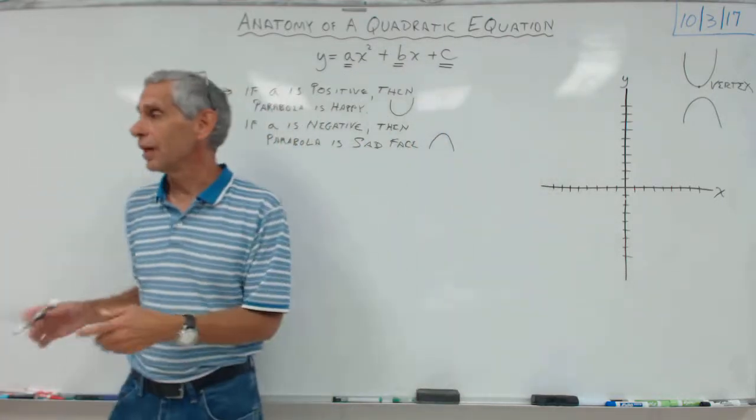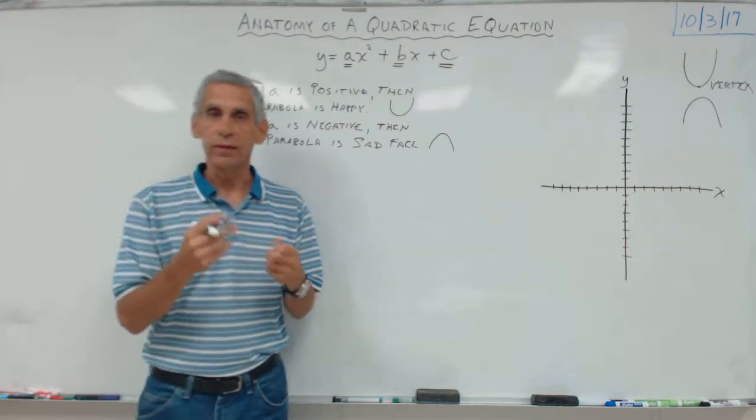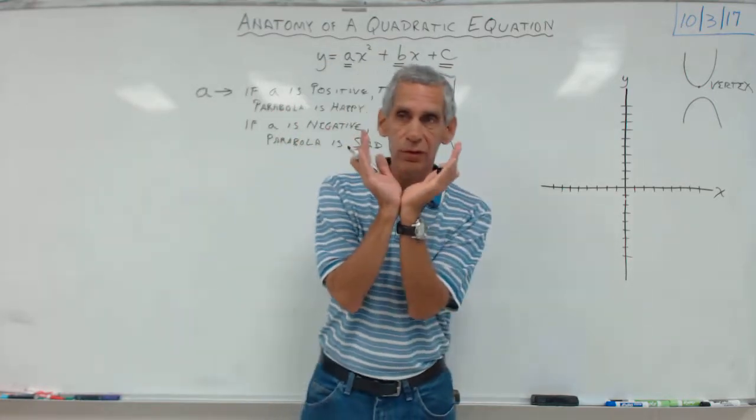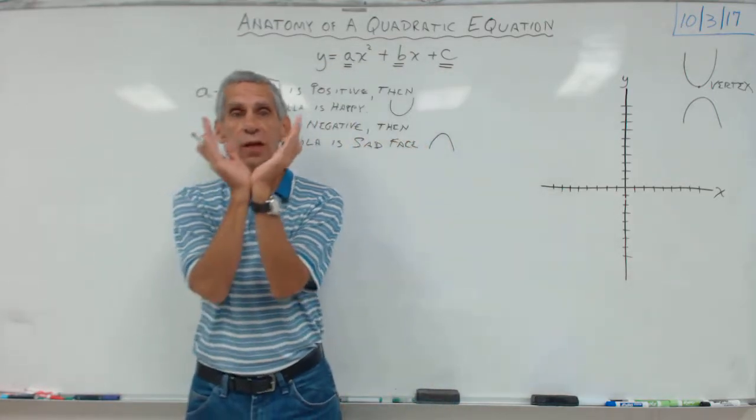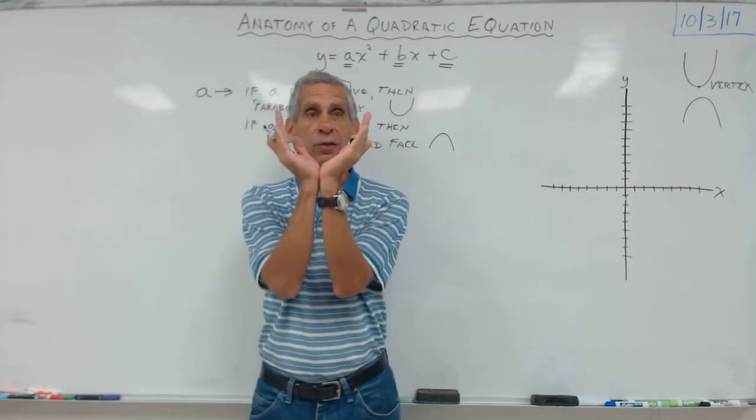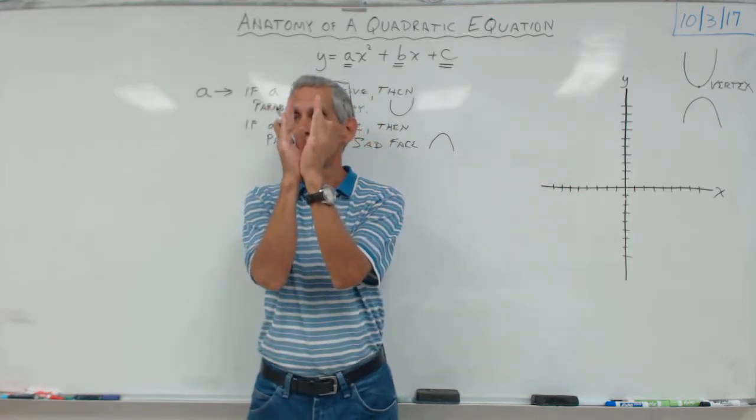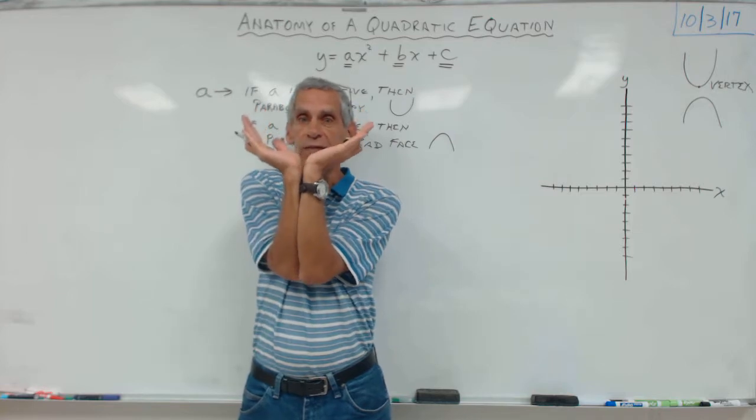But A tells you something else as well. It tells you two things. First, if it's happy or sad. But it also tells you if it is narrow or really, really fat.